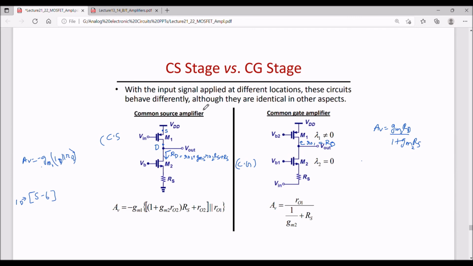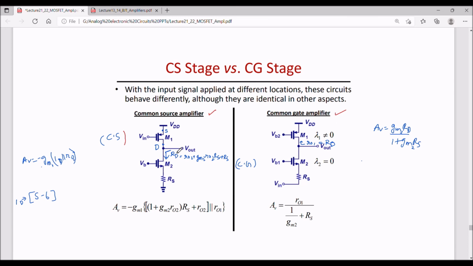Now another example here. Okay. So let us see what it is doing. Okay. So this is the common source stage. So in fact, both these two circuits are identical. I mean, this is a common source amplifier and this is a common gate amplifier.